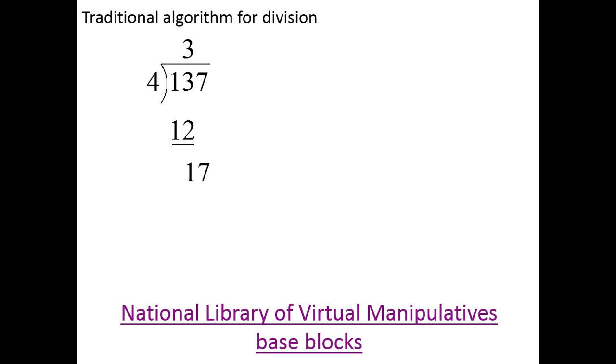Those 17 ones we divided into 4 equal groups, and each of those 4 equal groups had 4 in them, which meant we had used up 16 of the blocks by grouping them, and that left us with one block left over. So you can see in the traditional algorithm there really is place value going on, but it sometimes gets a little bit obscured by the language we use when we describe the division.